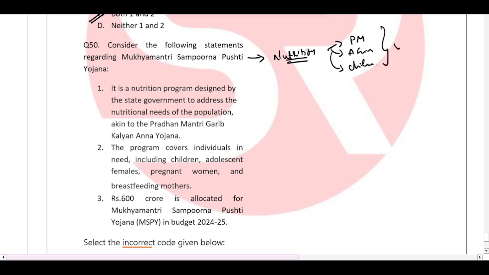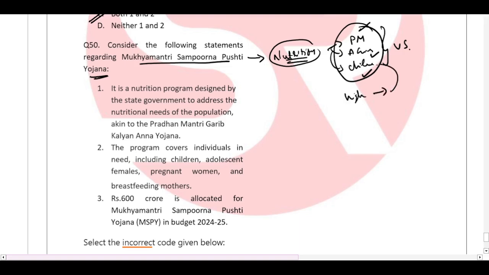So all the vulnerable sections of society, like the pregnant mothers, the adolescent girls, and the children who mainly have nutritional deficiencies, were targeted under the scheme called Mukhyamantri Sampurna Pushti Yojana. Under this scheme, there will be high quality cooked food for children who are in the tribal areas, and the pregnant mothers will be getting nutritional food.